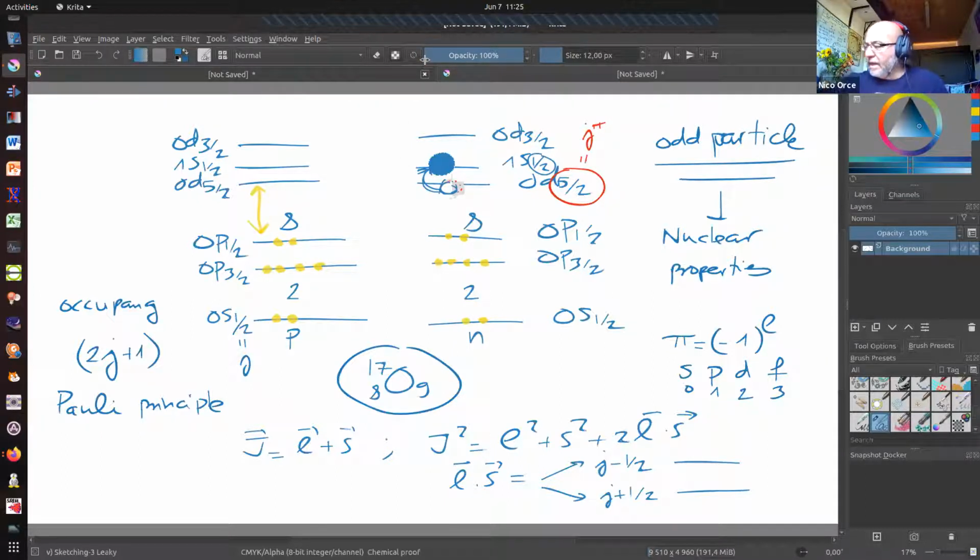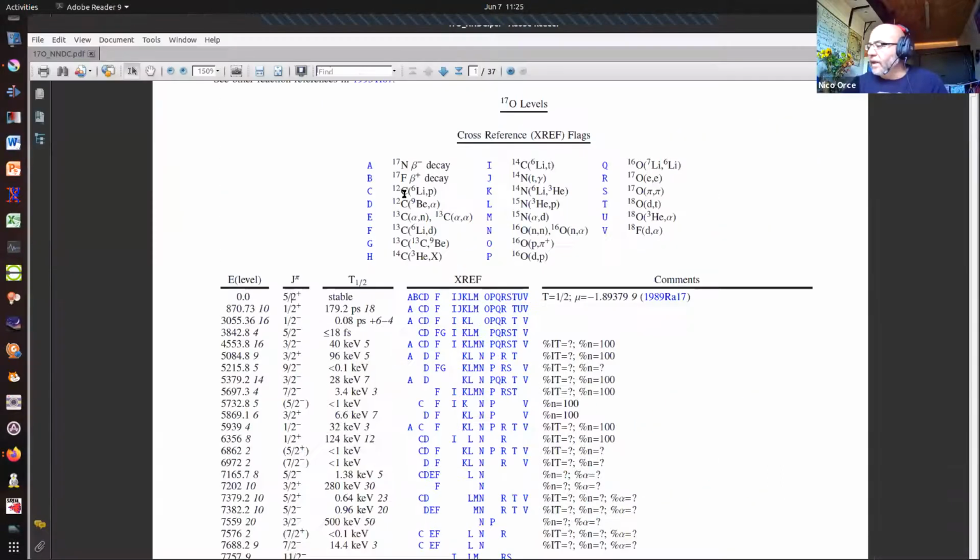It's not always like this, because as we know in quantum mechanics, everything is a linear combination of these particular states that we have here. However, as we can see, the first excitation is an energy of 870 keV, and it's a 1/2 plus, right?